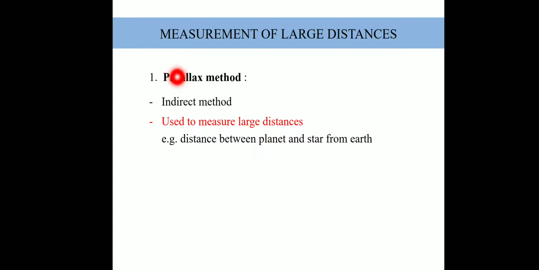Remember that parallax method is basically an indirect method. That means it uses comparison of two readings, and then we end up with an answer. Also, remember that parallax method is used to measure not just large but actually very large distances, like we have seen between the sun and planets, or a planet and a different star.